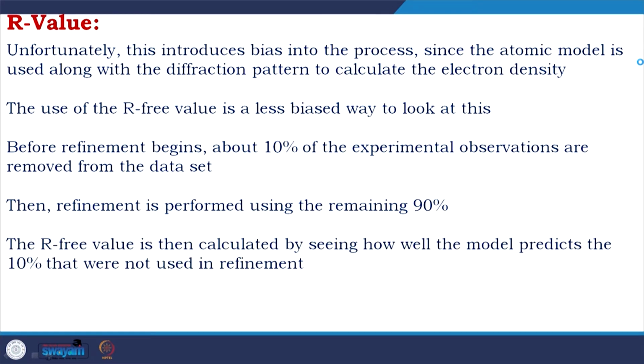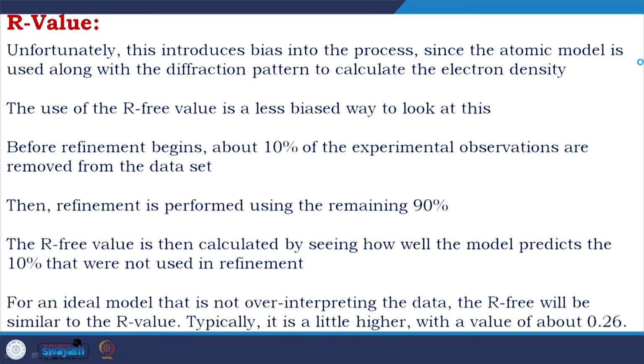The R free value is then calculated by seeing how well the model predicts the 10% that were not used in the refinement. For an ideal model that is not over interpreting the data, the R free will be similar to the R value. Typically, it is a little higher. So, if you say 0.2 is the range of R work, 0.26 is the range of R free.